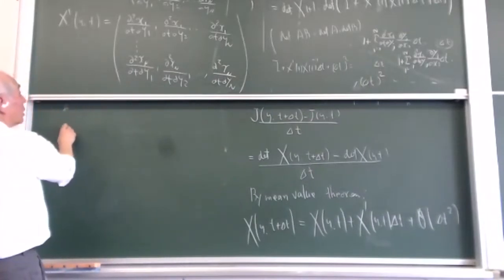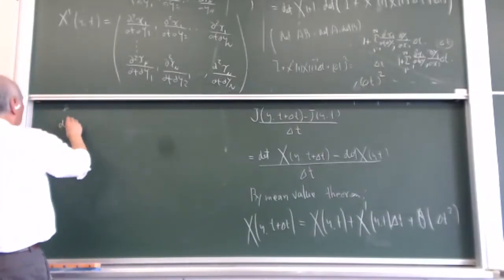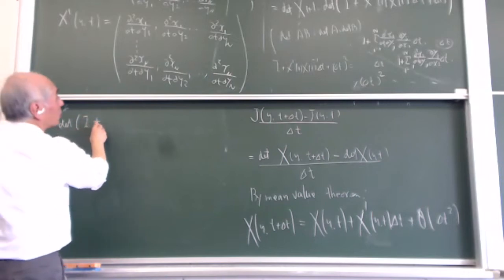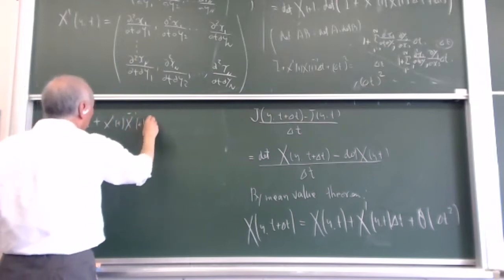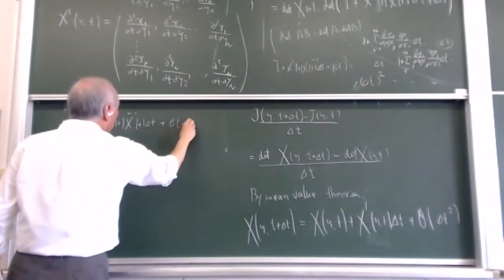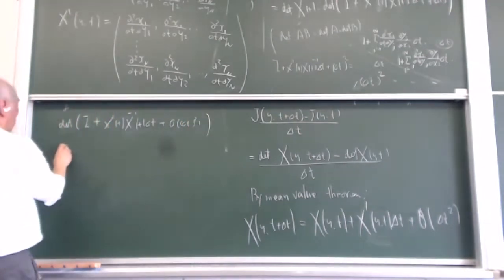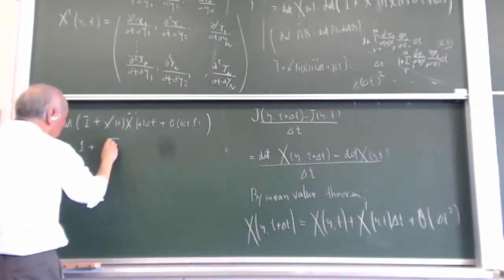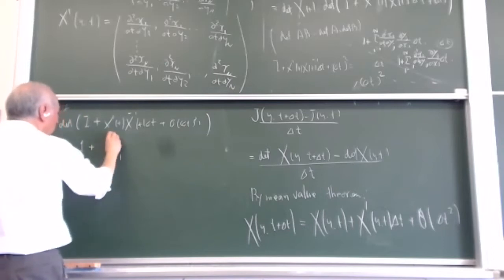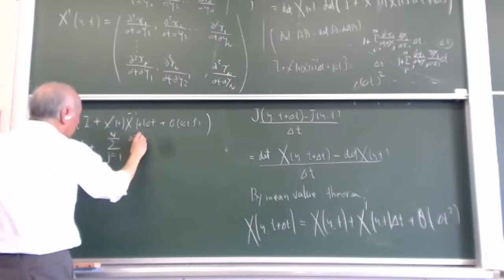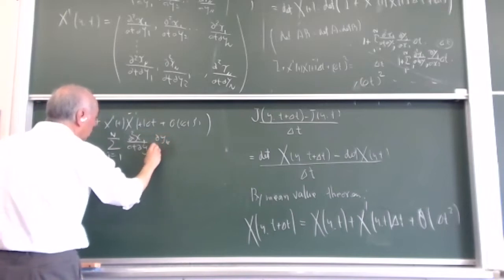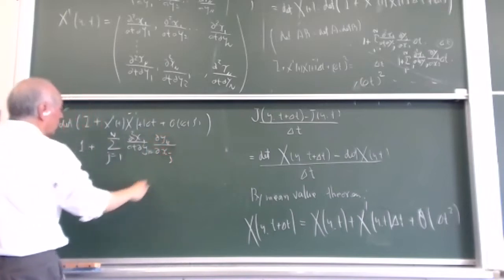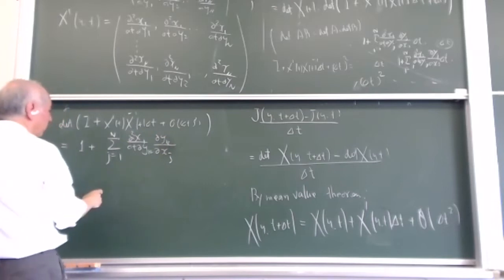So you can write that I plus x prime t plus omega t squared. This is 1 plus dx_j dy_k x_j delta t.